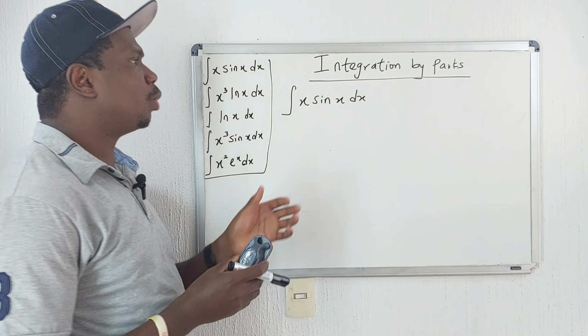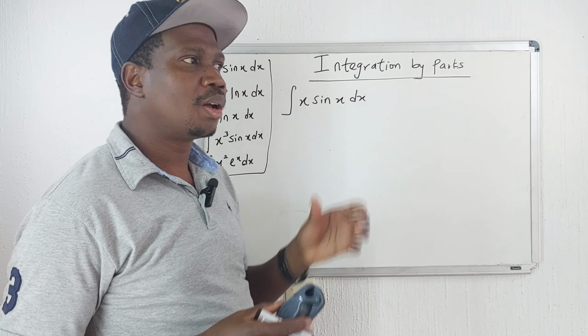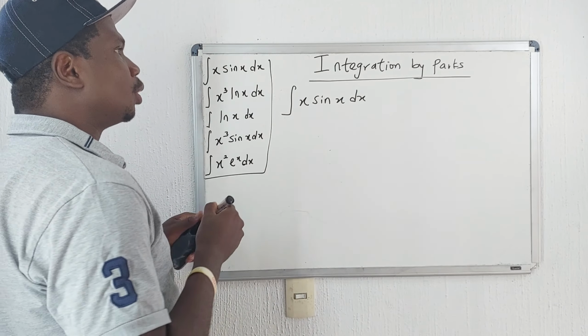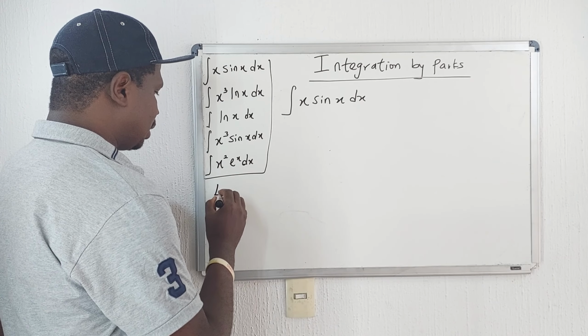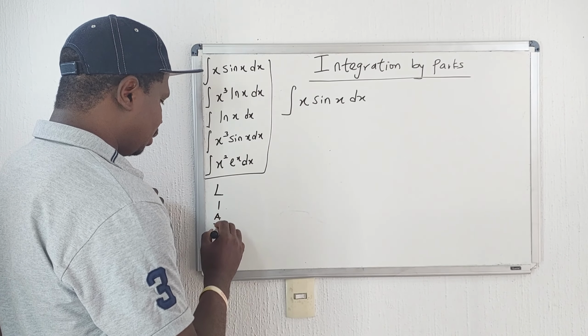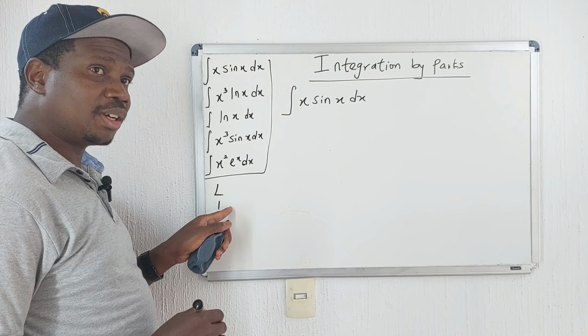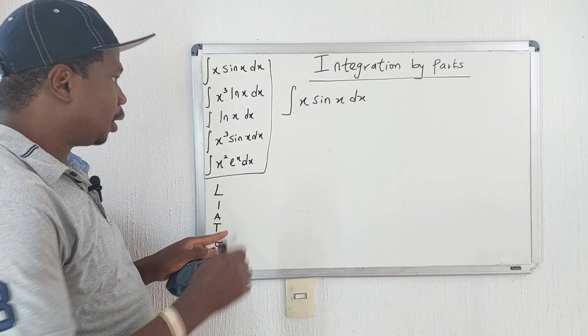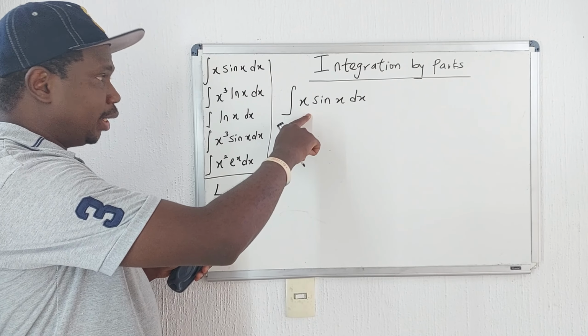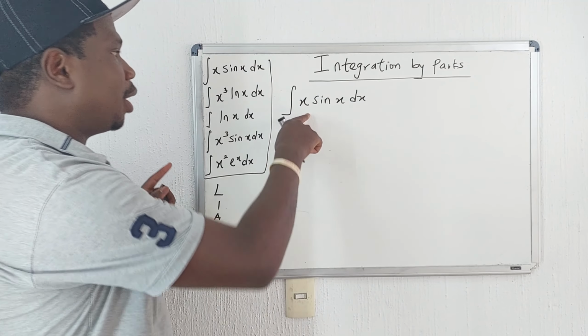So, which one can we take as our first function? Remember we have LIATE: logarithmic, inverse trigonometric, algebraic. So the algebraic comes before the trigonometric, so we make this our u.